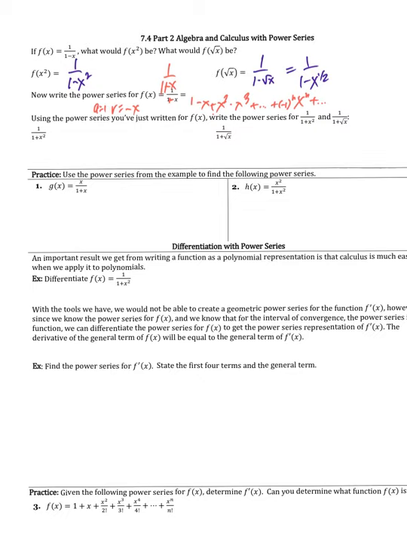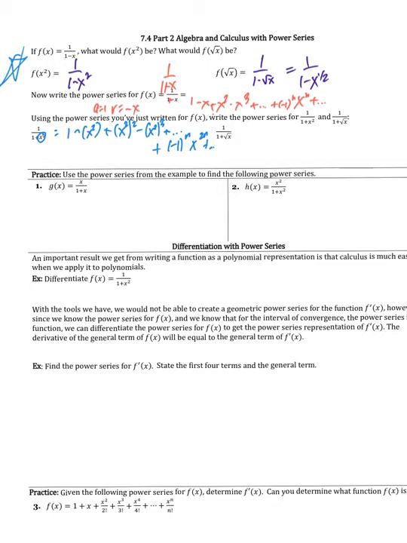So if that is the power series for 1 over 1 plus x, how would that be different if it was 1 over 1 plus x squared, using the same logic that we used up here? Well, this would be equal to 1 minus, instead of x, x squared, plus, instead of x squared, x squared squared, or x to the 4th, minus x squared to the 3rd, plus dot dot dot, plus our general term, which is negative 1 to the n, x to the 2n, plus dot dot dot.